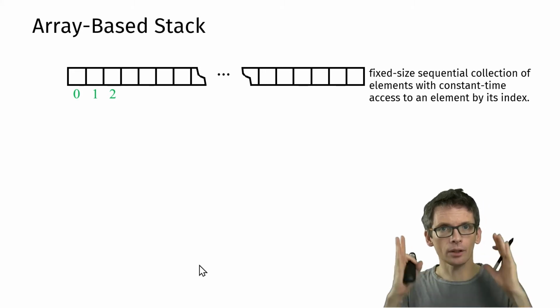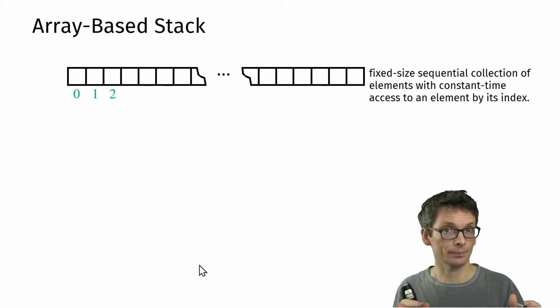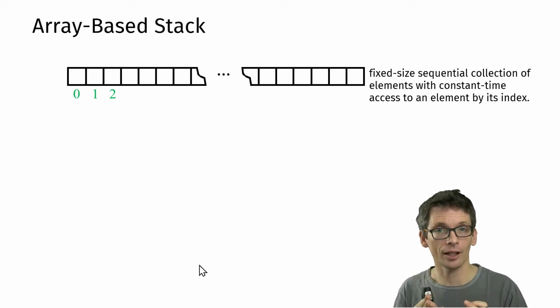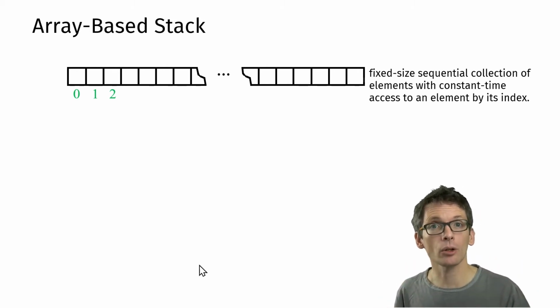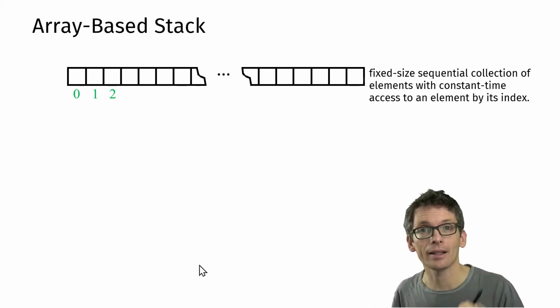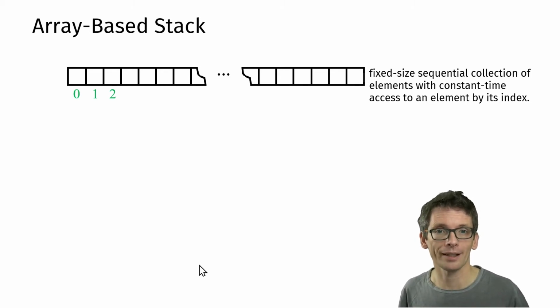This is different from Python lists, which don't have a fixed size. They have constant time random access, but not a fixed size. They are dynamic arrays, and we're actually going to see how Python lists work in this video, but more about that later. For now, the array has a fixed size.